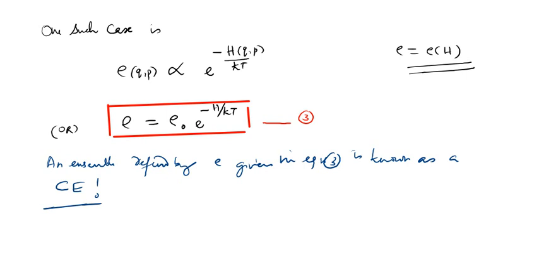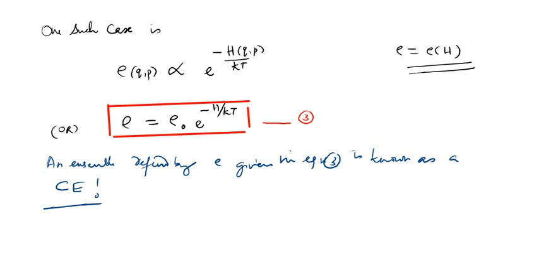So we have seen two ensembles out of the three, the microcanonical and the canonical ensemble, and we have seen that the different kinds of ensembles are characterized by different functional forms of the density function.